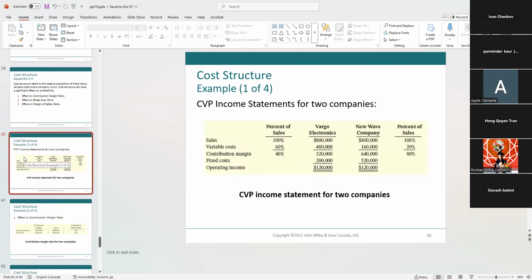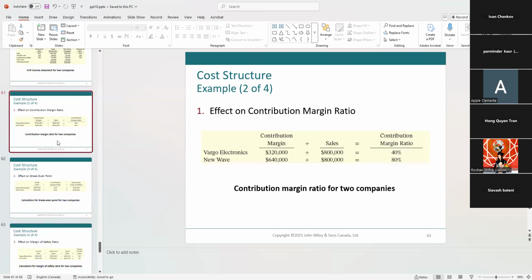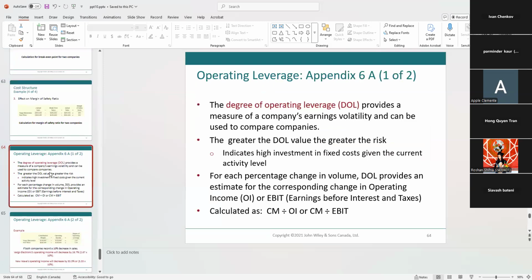But the question is, what will be the margin of safety of each company? So that is comparing one company versus the other company, which is related to the operating leverage. And the operating leverage is simply calculated by contribution margin divided by operating income.